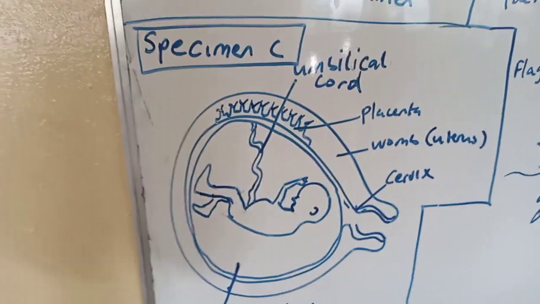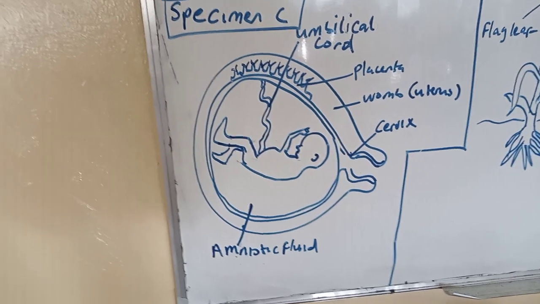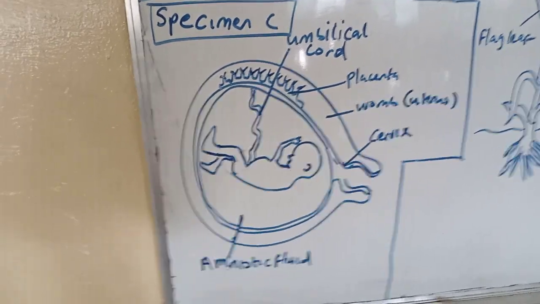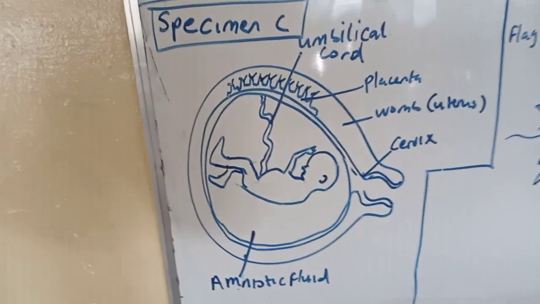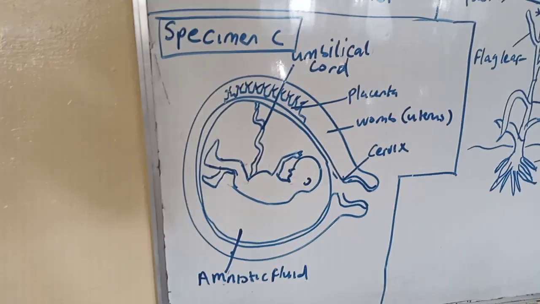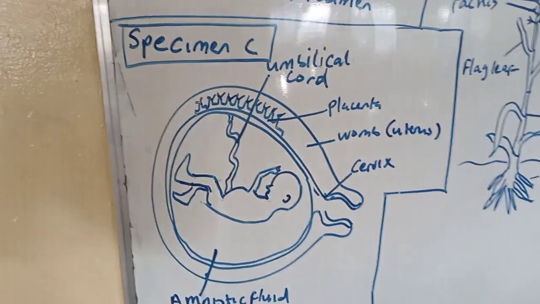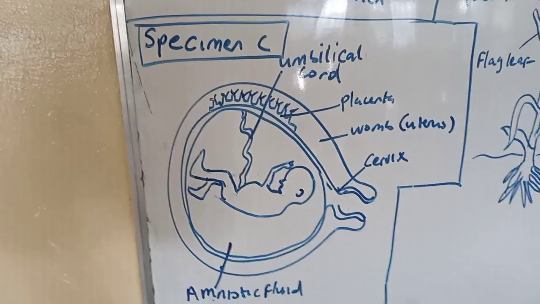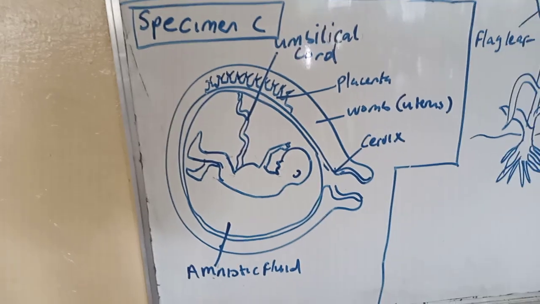So we have specimen C. That is the chart or the model of a uterus containing a fetus. Ignore the guy in there, just take it like that. We have the umbilical cord. I told you that there are 3 things they will probably ask you: placenta, umbilical cord, and amnion.